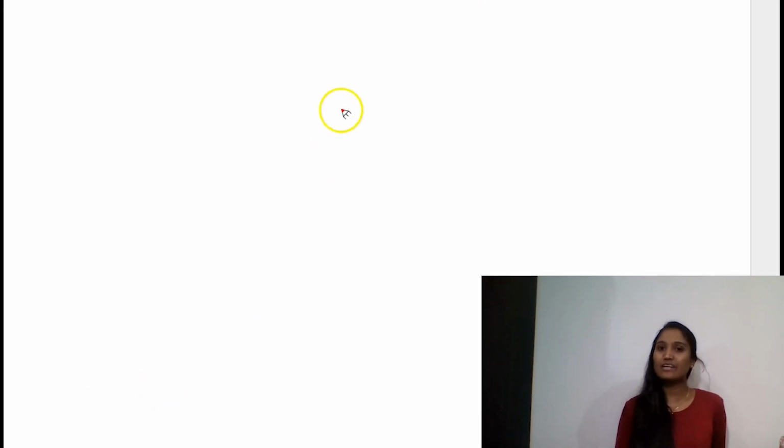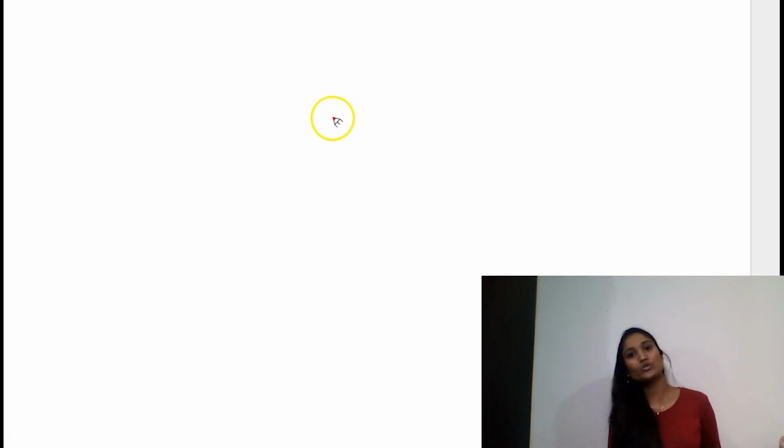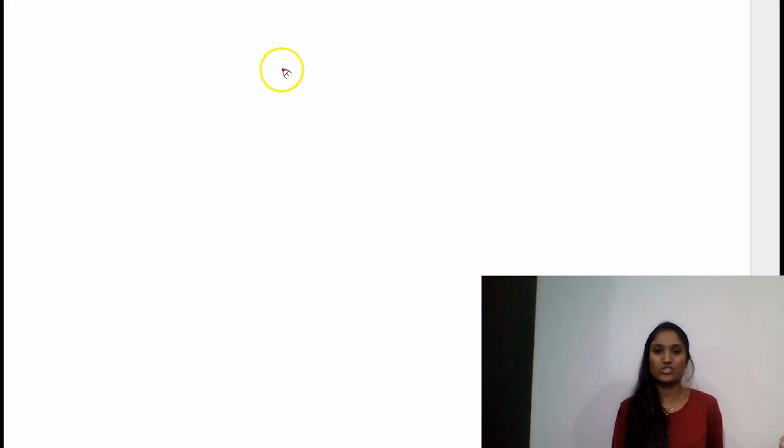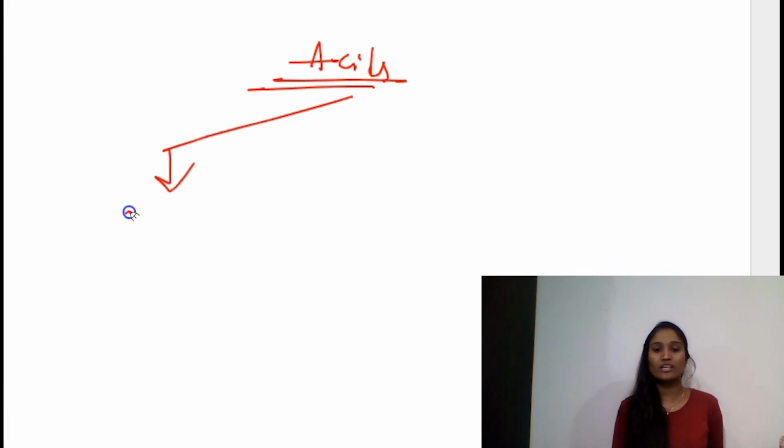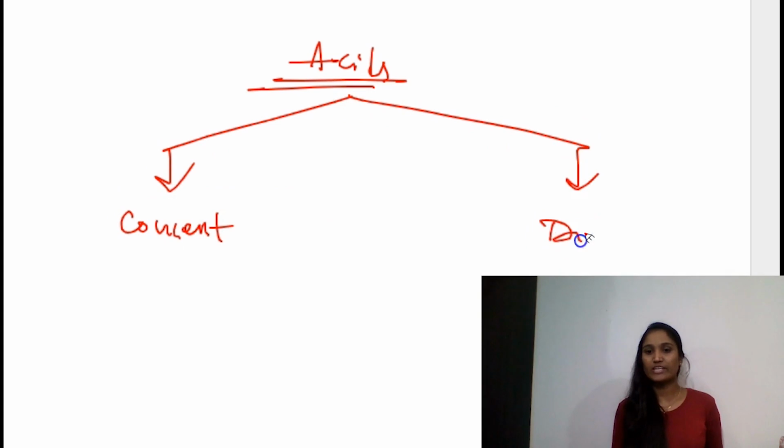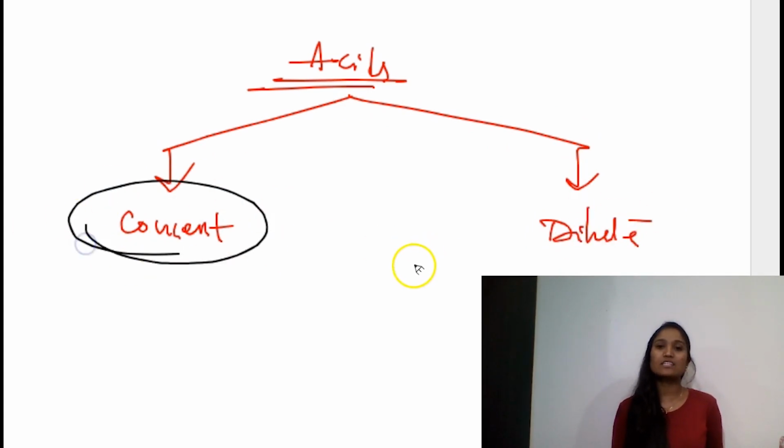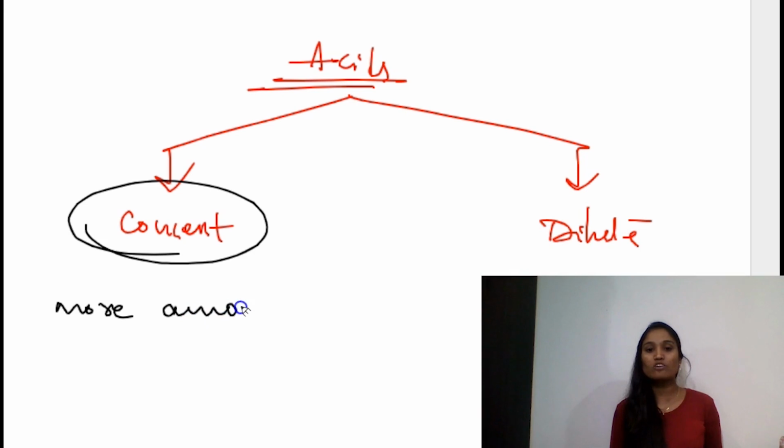So what did we understand till now today? We understood two classifications of acids and bases. Classification number one, do you remember? Acids can be classified into two types: one is concentrated acid and the other is dilute acid. Concentrated acid is an acidic sample containing more, write it down, more amount of acid.